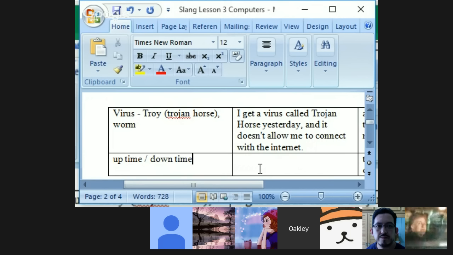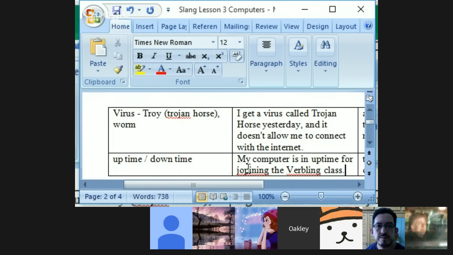Can you try using uptime in a sentence? My computer is in uptime for joining the class. Okay. Well, okay. I guess that's true. It has to be true, obviously.